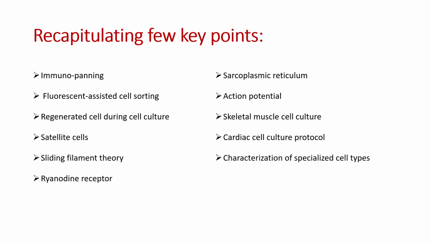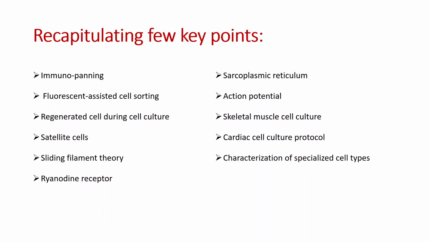As for the culture of skeletal muscle cells, we generally use the satellite cells obtained from adult rats, which are the main source of the skeletal muscle cells in culture, and which are then made to grow in culture and resemble their original phenotype in their morphology as well as their function.